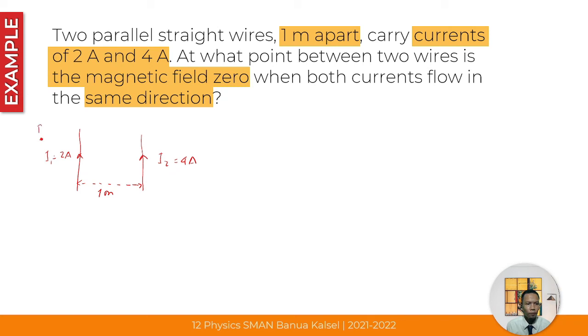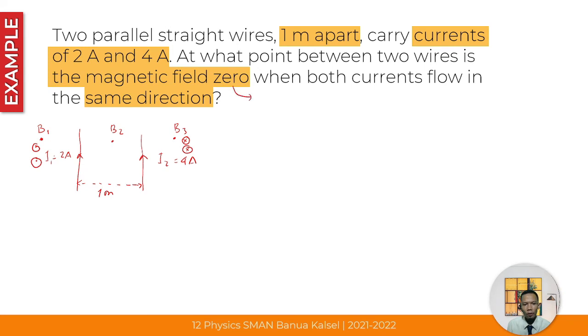Let's say B1 here, B2 here, and B3 here. For B1, from I1 coming up, to the left it will be coming out, and from I2 coming up, to the left of it is also coming out. Both will be dots out of the paper, so it cannot be 0. B3 is the same: from I2 it is coming in, from I1 also coming in, so it cannot be 0. Both of them are coming in.